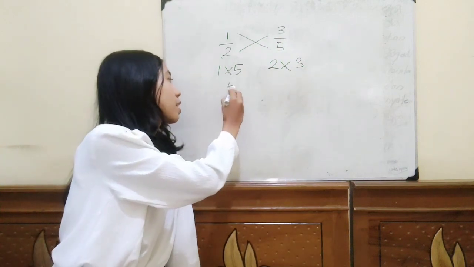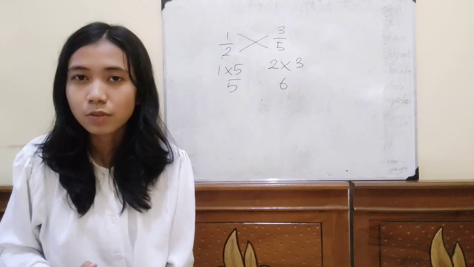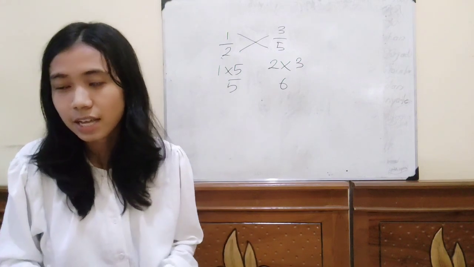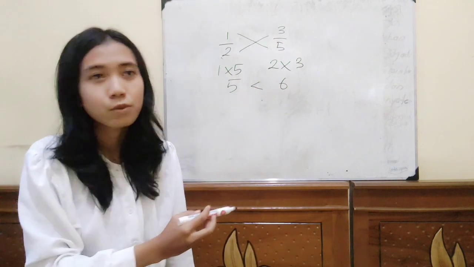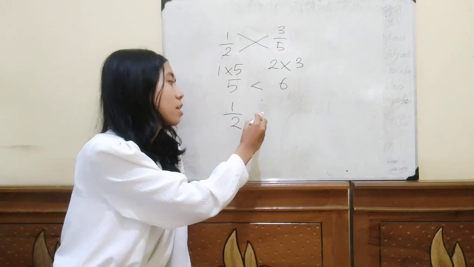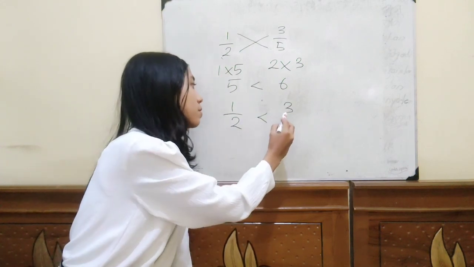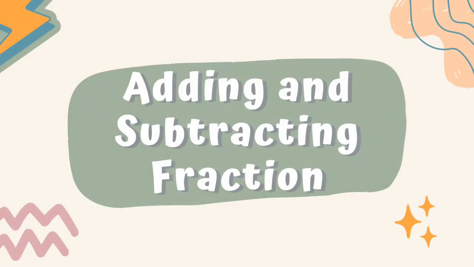We get 5 and 6. Now compare 5 and 6. Since 5 is less than 6, we get a half is less than 3 over 5.